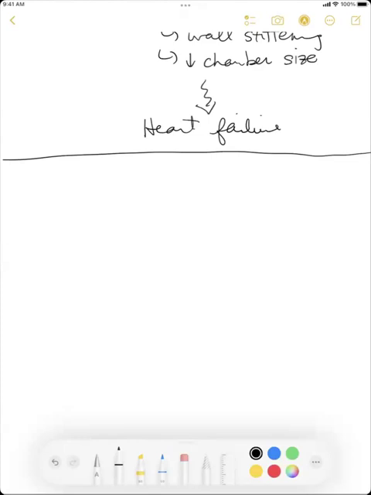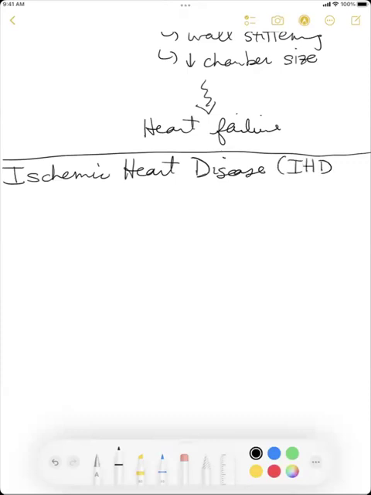The second type of illness within the cardiovascular system that I think is really important to talk about is something referred to as ischemic heart disease. Sometimes this is just referred to as IHD. And this is almost always related, not always, but almost always related to blockages in the coronary arteries from atherosclerosis.